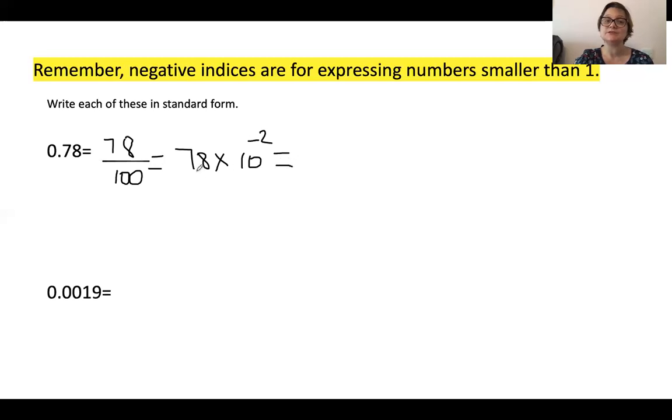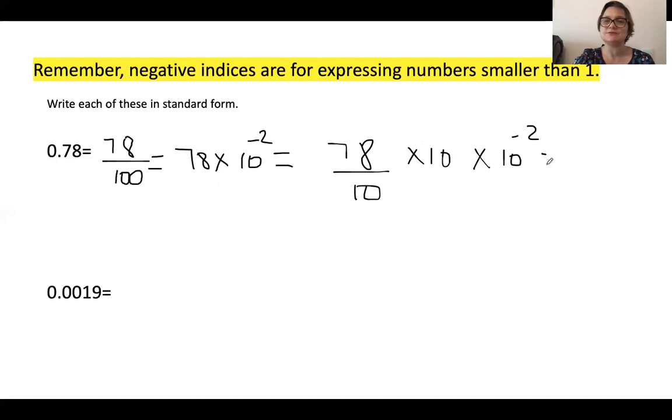Now we continue because 78 actually is not bigger than 1 and smaller than 10. So obviously to change this one to a number bigger than 1, smaller than 10, we are going to divide this by 10. So divide by 10 and multiply it by 10. So we are going to have 78 divided by 10, which is 7.8, and then times 10 to the power of minus 2.